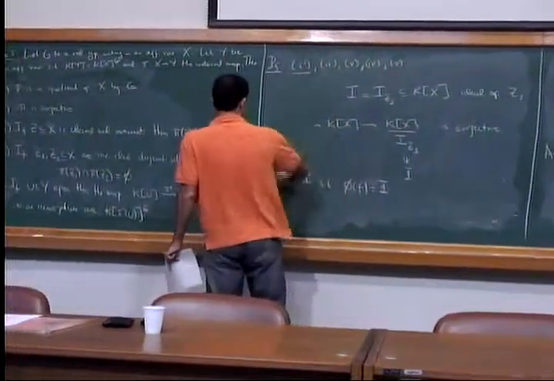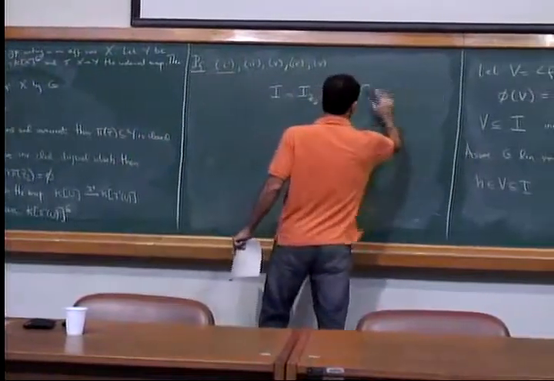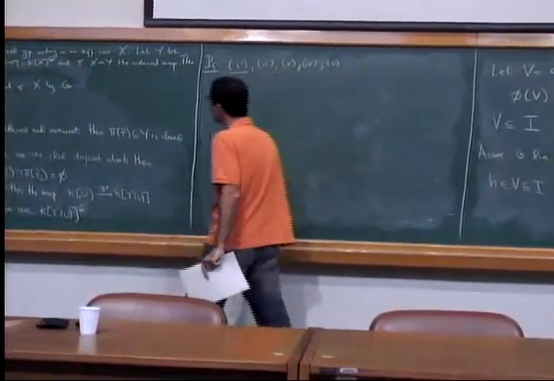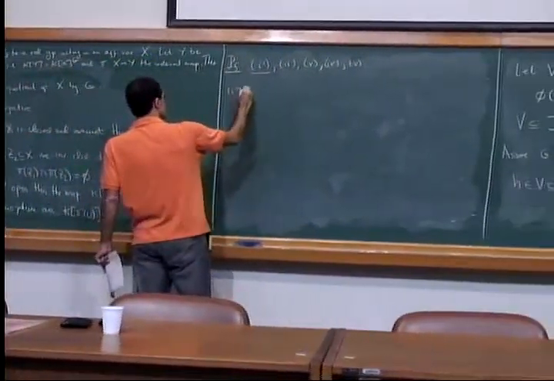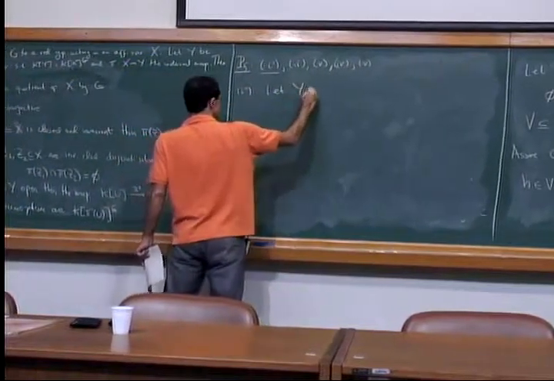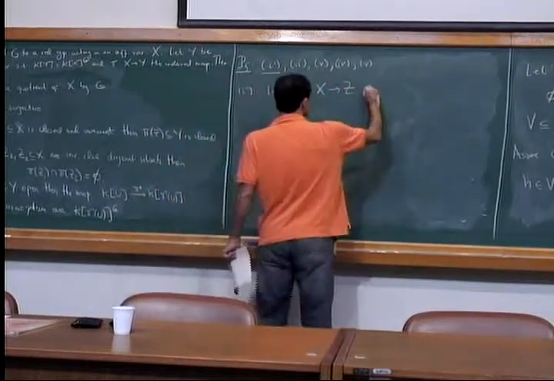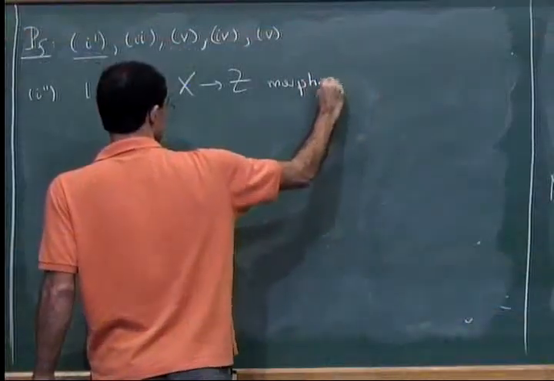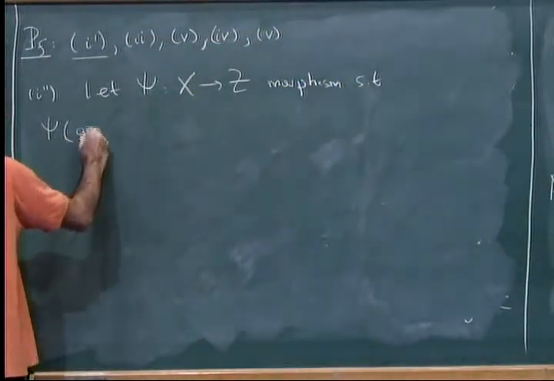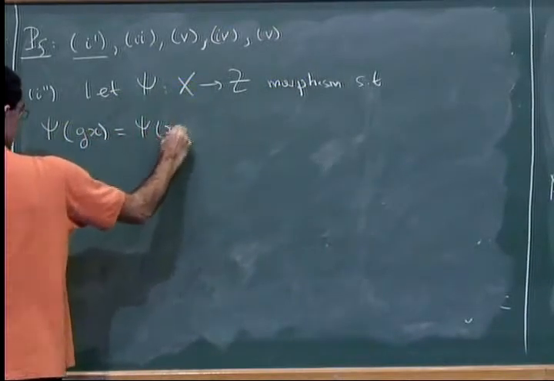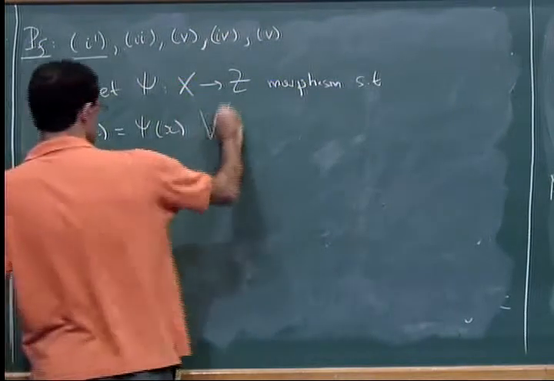So now we have to pick any morphism that collapses orbits and show that it is induced from a map from Y. So let me pick psi, any morphism, such that psi of gx is equal to psi of x for every g in G and x in X.